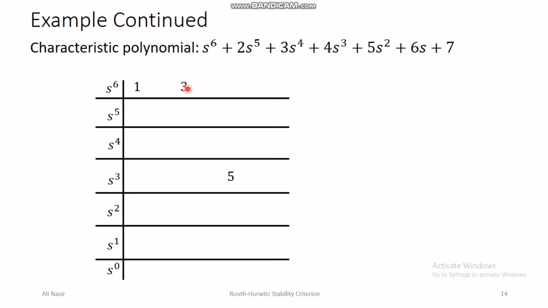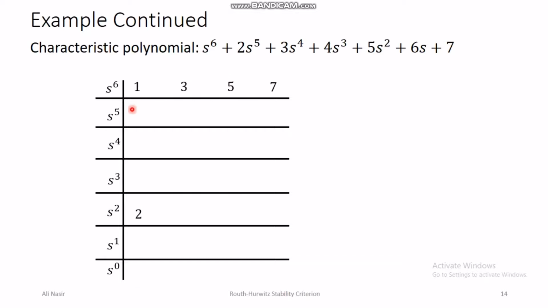Similarly, you leave out s cube and you plug in the coefficient of s square in the third place, and then you leave out s, the simple s, and you plug in the constant coefficient in the next column of the first row. In this way you complete the first row by plugging in alternate coefficients of the powers of s.